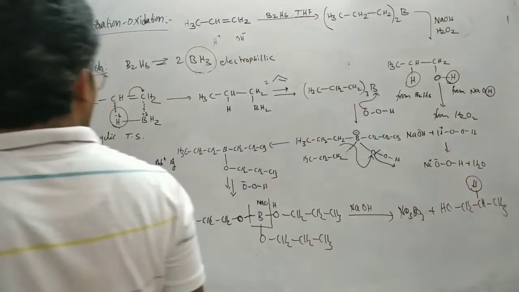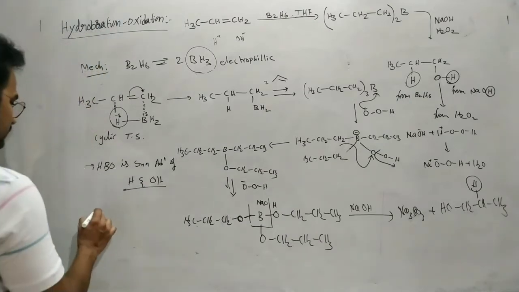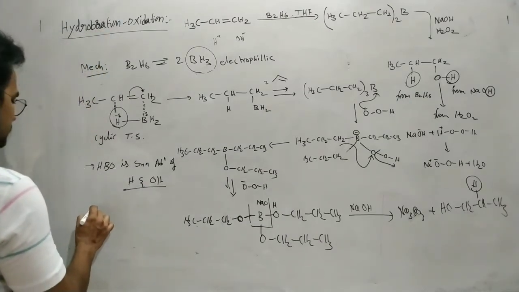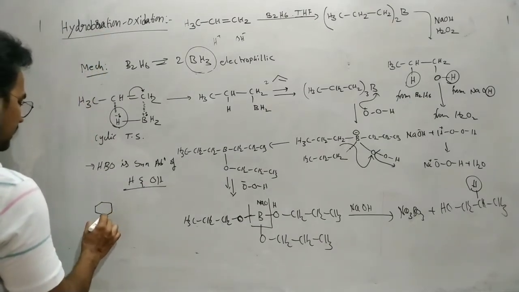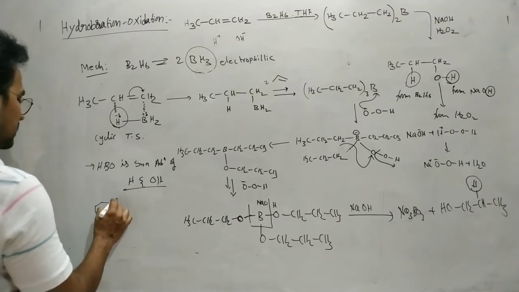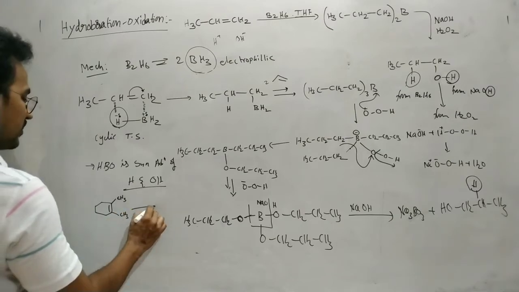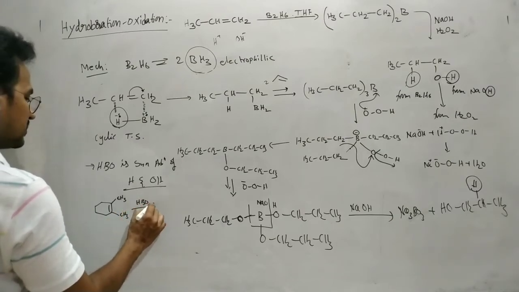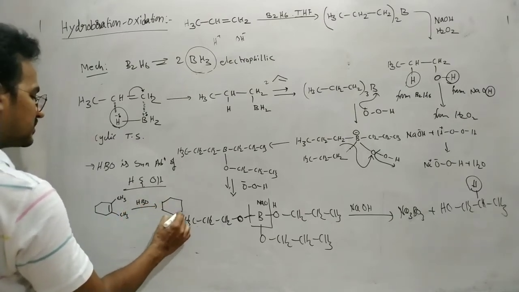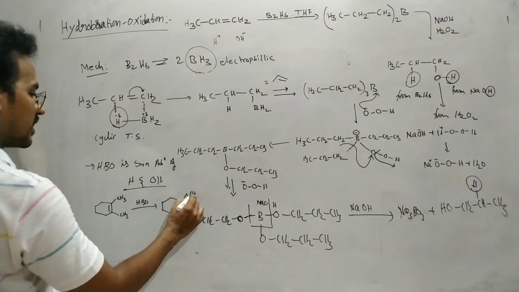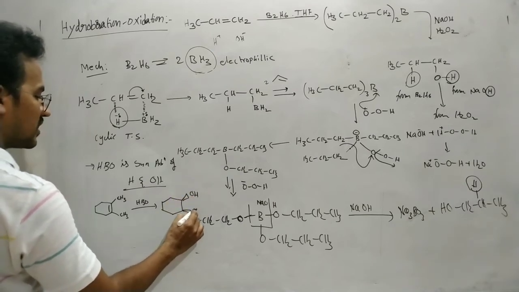Suppose, let us write one example. See this one, suppose this cyclohexene. Here there is a methyl group, and here there is a methyl group. Now hydroboration oxidation. As a result, this OH is above the plane, and this hydrogen is also above the plane.